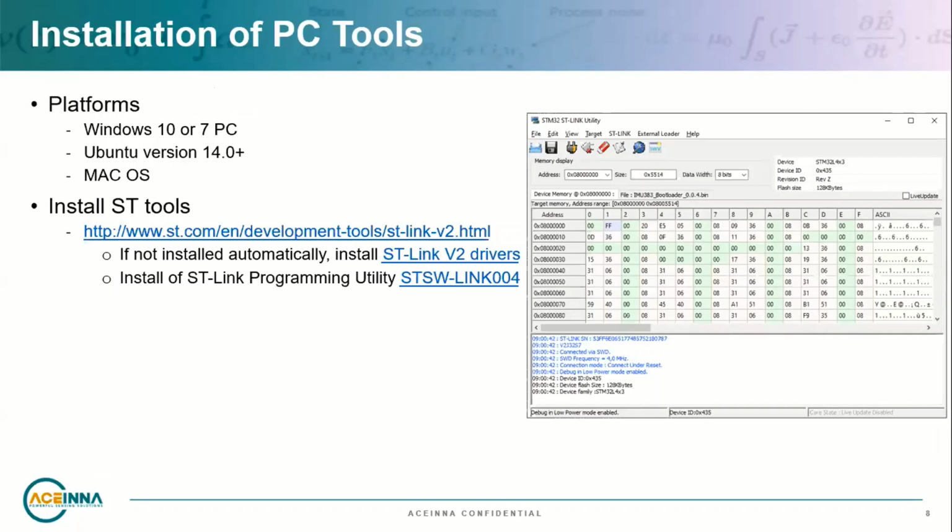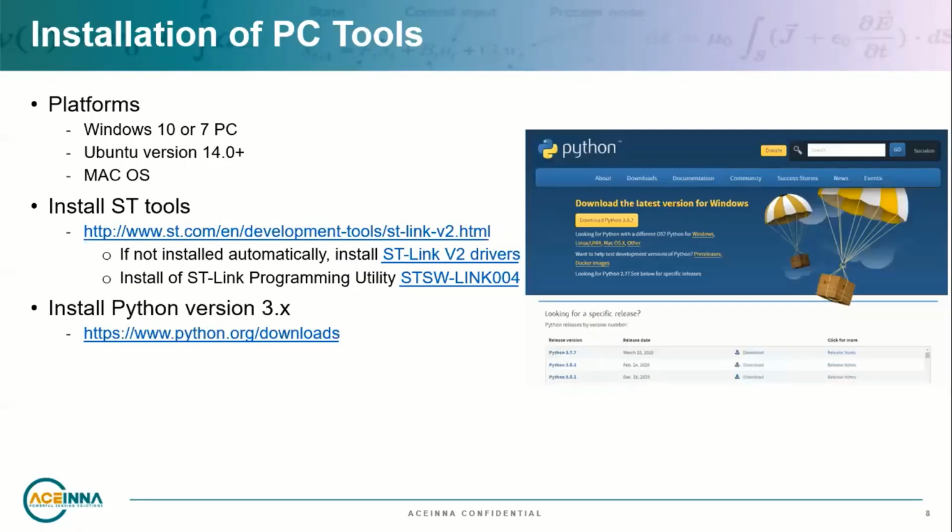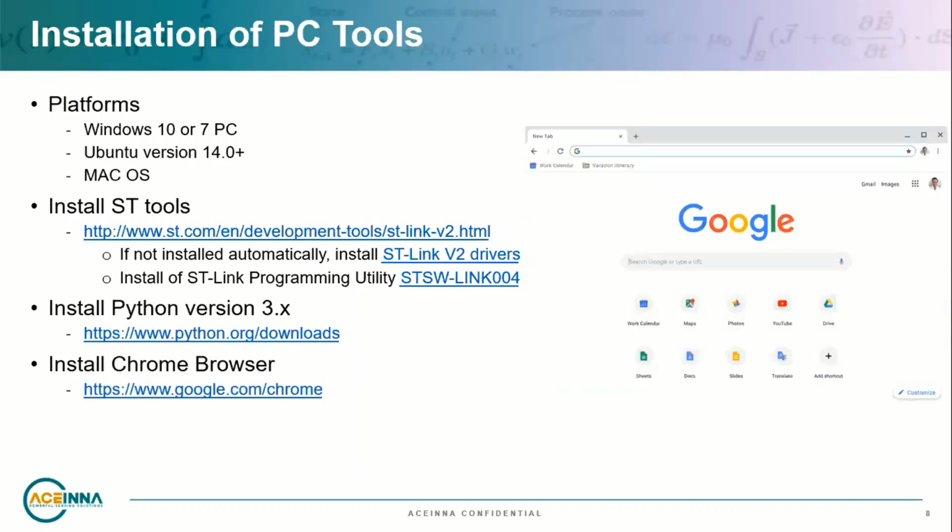This tool is used to program the microcontroller with the ready-to-use algorithms, which I will show you in a live demo in the coming slides. Make sure you have the latest Python installed, which is 3.8.2. And we recommend the Chrome browser as it's much more compatible with the tools that we have.